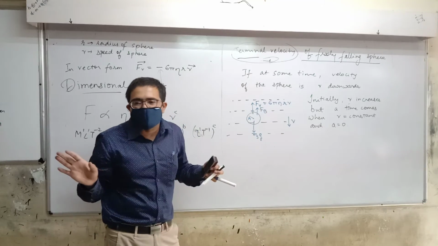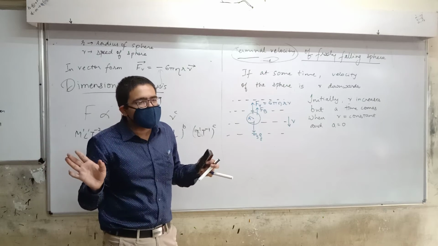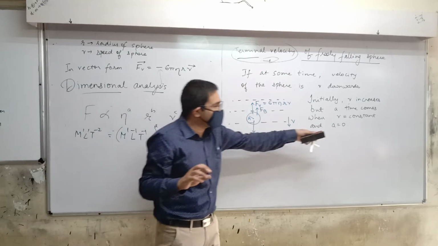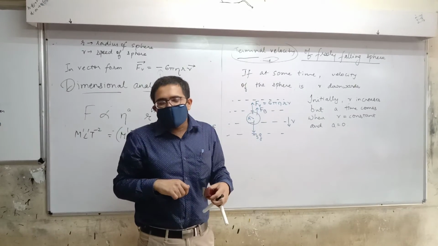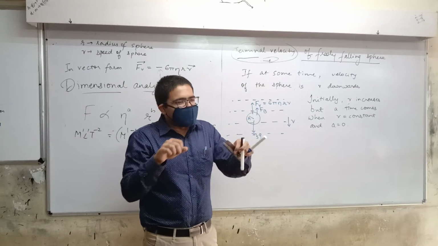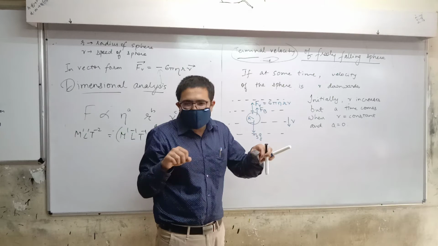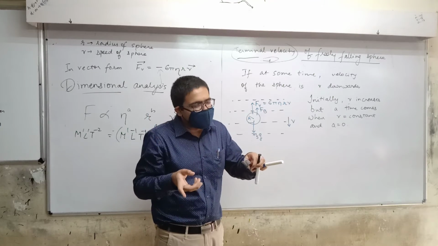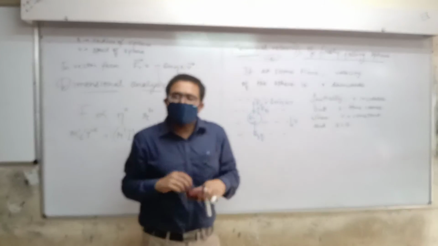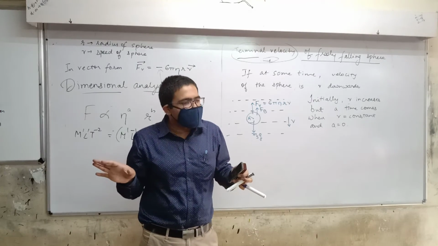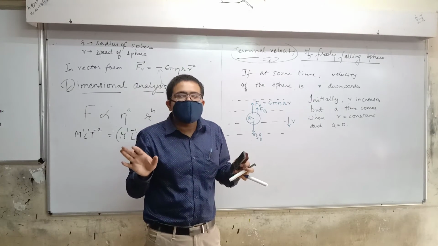So both forces cancel. Velocity becomes constant. Acceleration becomes 0. Got it? Then everything is balanced. You understand that? So velocity will neither increase nor decrease. It will not change. Understood? It will not change.